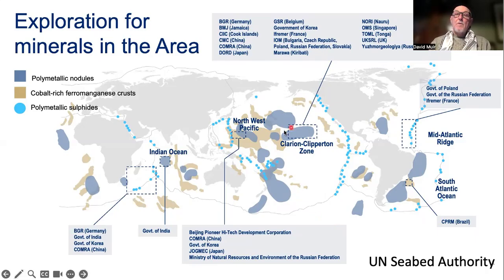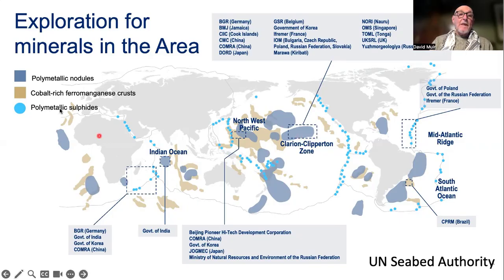The one at the moment, which is of particular interest, is this Clarion-Clipperton zone in the Pacific. And here you can see all of the countries which applied for licenses and were granted them to exploit this. And these are nodules which are going to be grabbed and used.